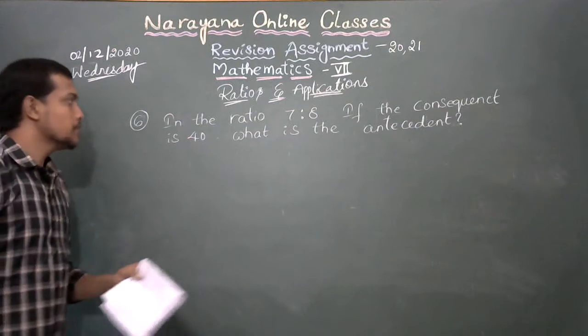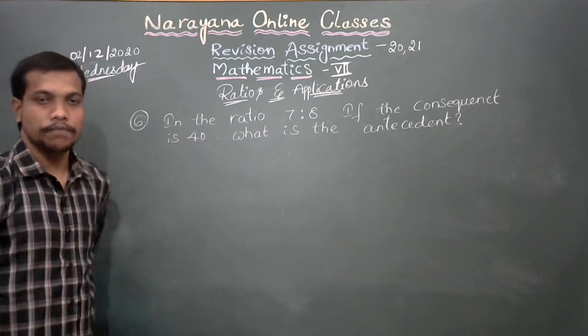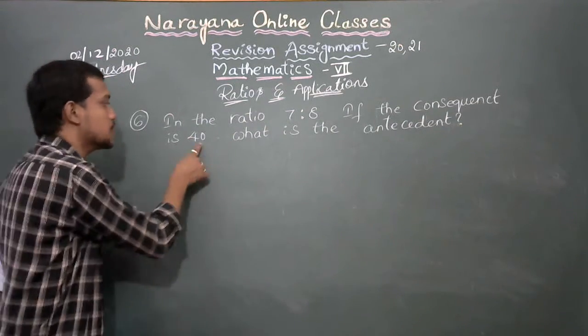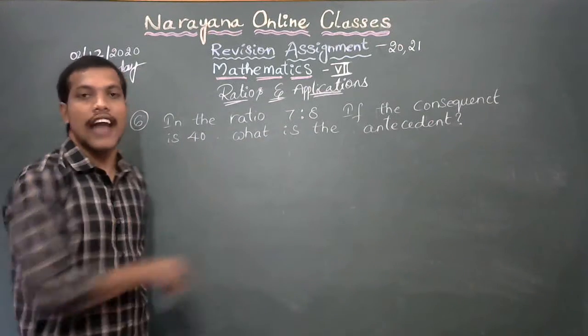This is 6-1. In the ratio 7 is to 8, if the consequent is 40, what is the antecedent?